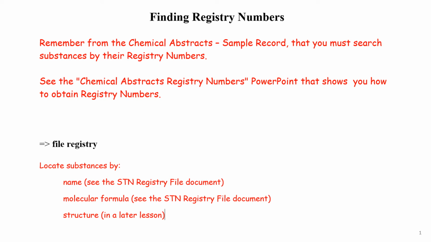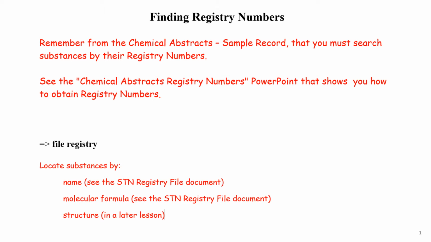In this lesson, we are going to be developing the most common type of search strategy. You have a specific chemical substance, and you need some specific aspect of that substance.